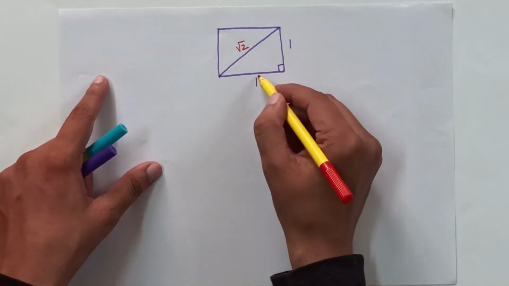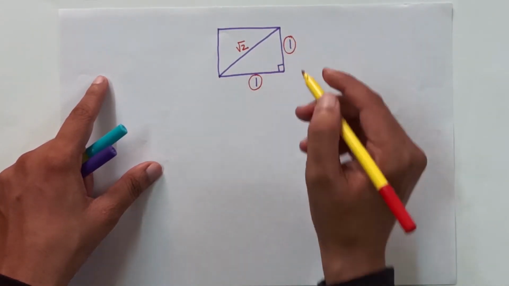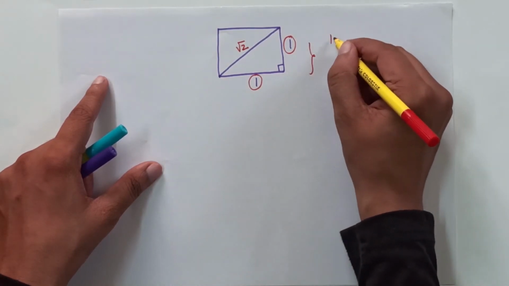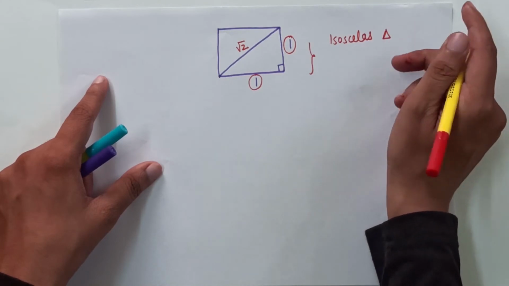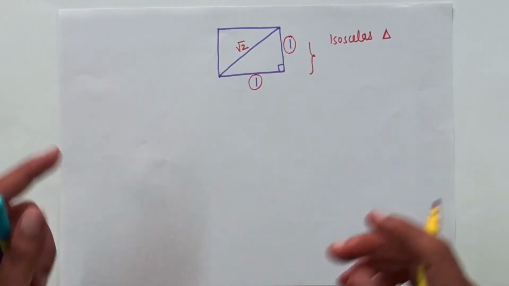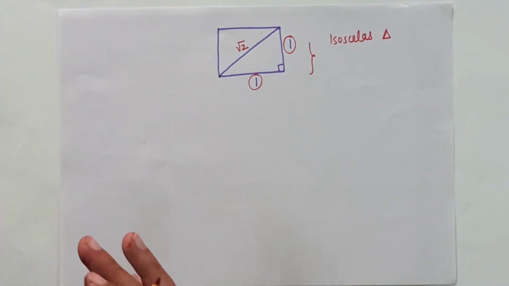In this you can see the shorter sides are equal in magnitude, and hence this triangle is also called an isosceles triangle. Isosceles triangles are triangles with two side lengths equal.